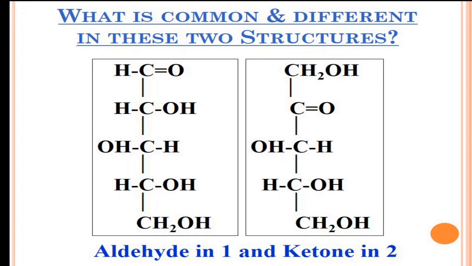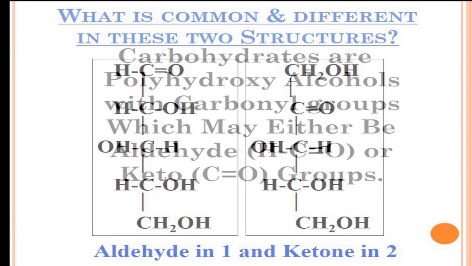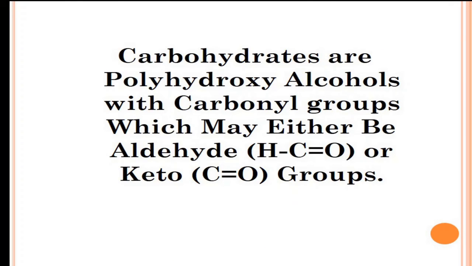The molecule 1 has a carbonyl group that is aldehyde, while the molecule number 2 has a carbonyl group that is keto group. So carbohydrates are polyhydroxy alcohols with a carbonyl group which may either be an aldehyde or a keto group.